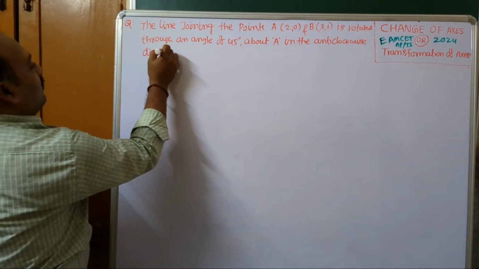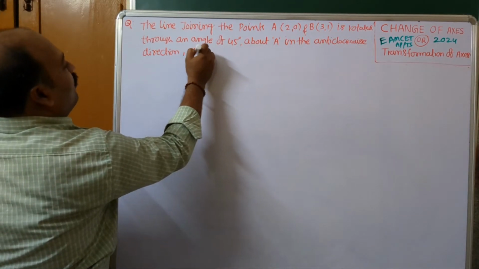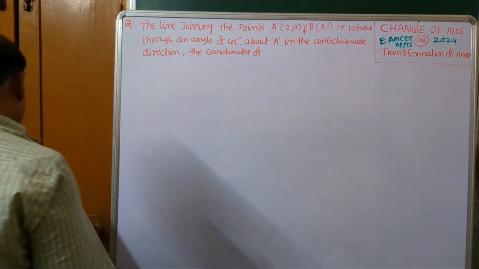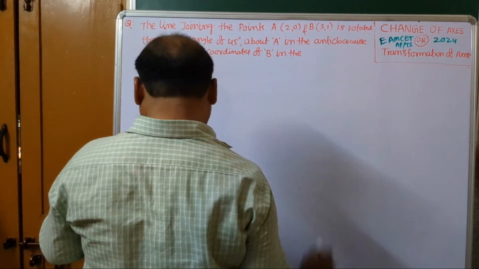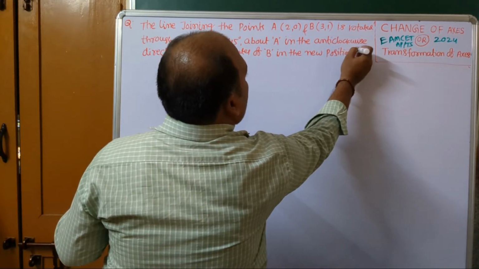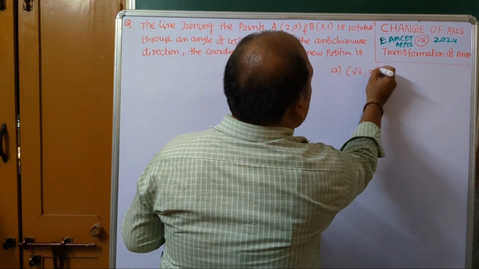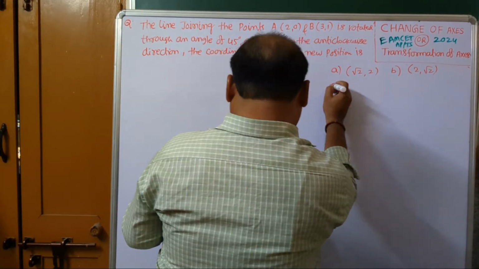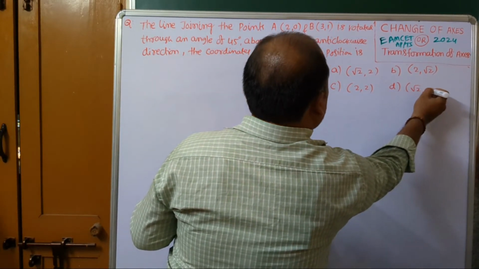The coordinates of B in the new position are? The options I am writing, dear students: root 2 comma 2, 2 comma root 2, 2 comma 2, root 2 comma 2.